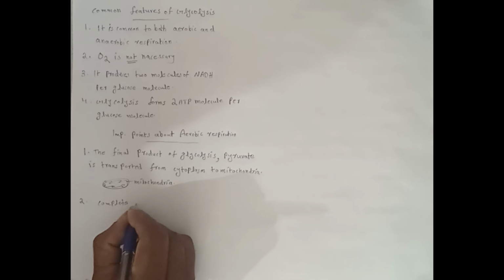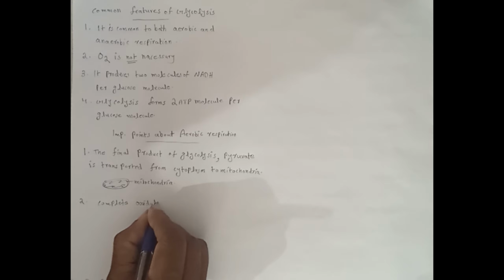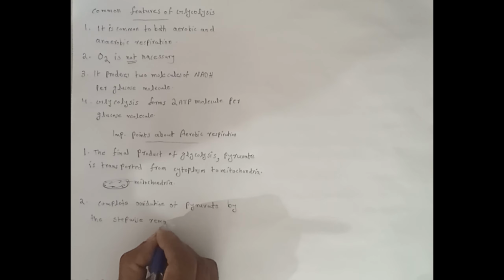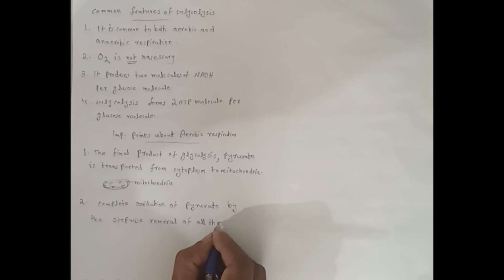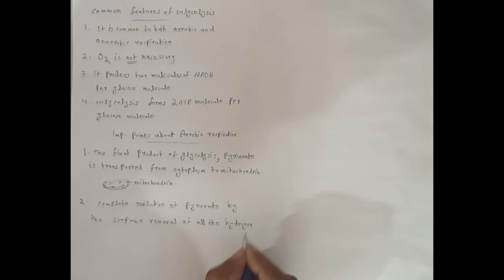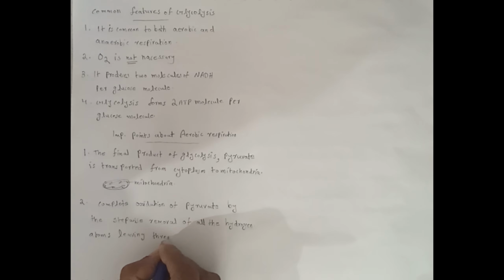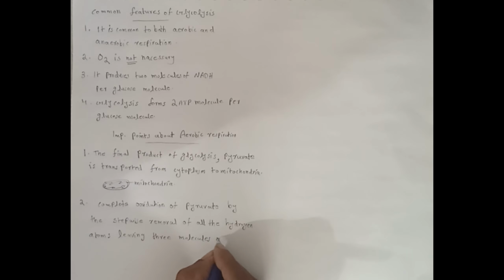Next point about aerobic respiration: complete oxidation of pyruvate by the stepwise removal of all the hydrogen atoms, leaving 3 molecules of carbon dioxide.